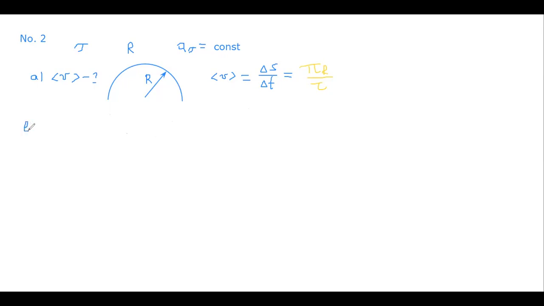In this part, we have to find the modulus of average vector of velocity. So how do we do this part?